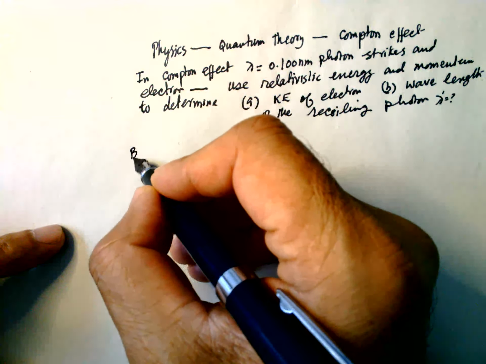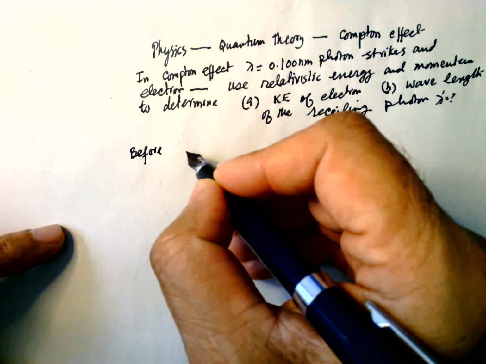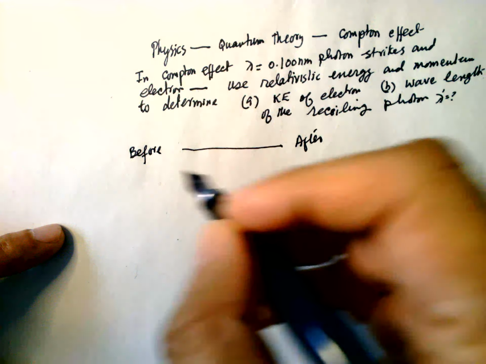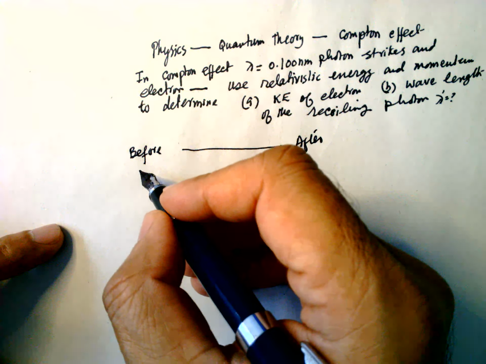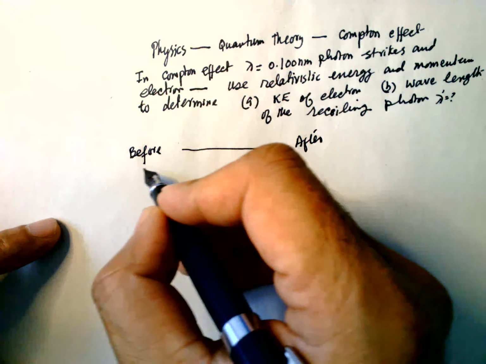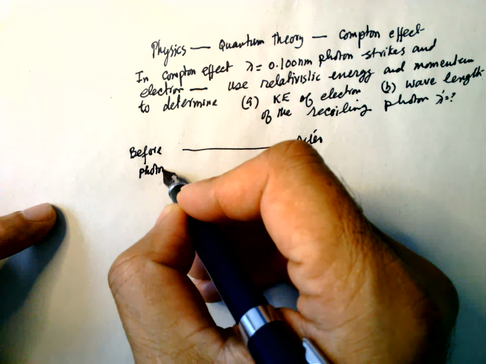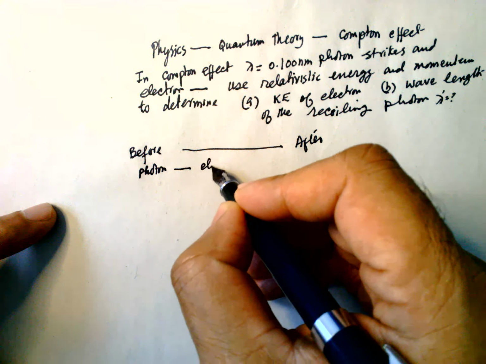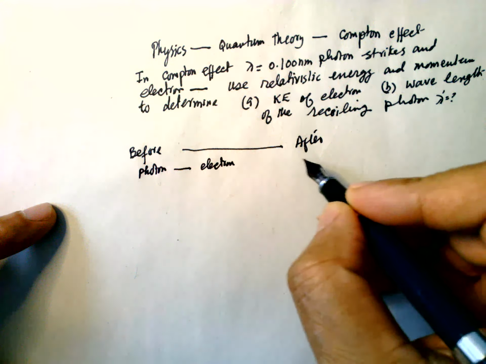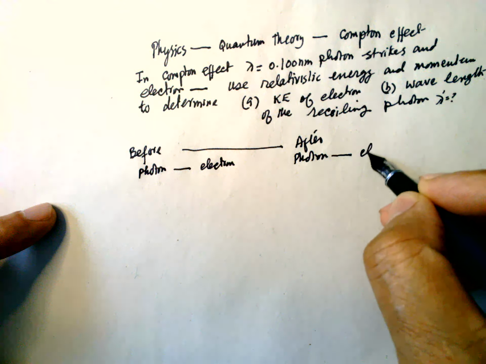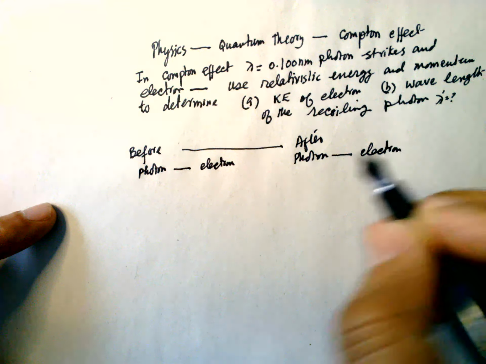So before and after the collision. Before the collision, this is photon, this is electron, and after, this is photon, this is electron.